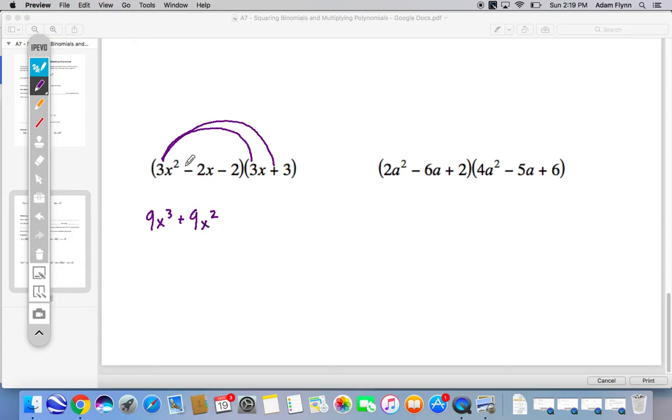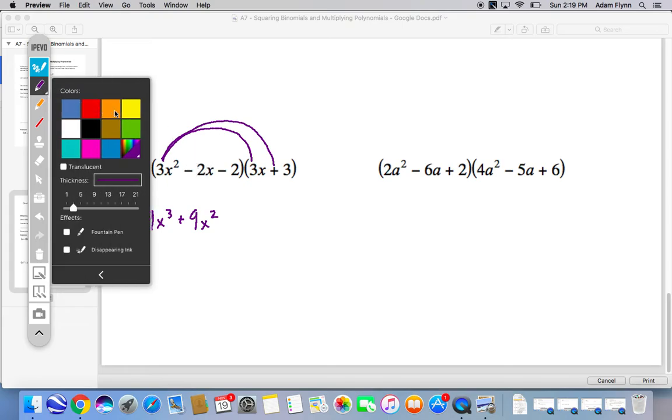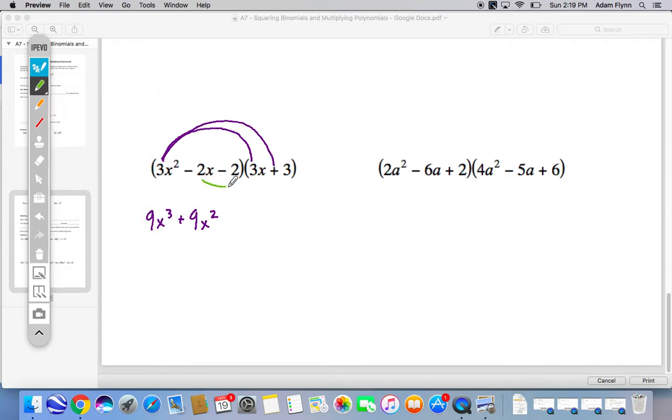So now I'll move over to this term because I've multiplied my 3x squared by every term in my second polynomial. So I'll draw more lines. Actually, I'll switch colors here too. So I have negative 2x times 3x, and negative 2x times positive 3. So negative 2x times 3x would be negative 6x squared, and negative 2x times positive 3 would be negative 6x.